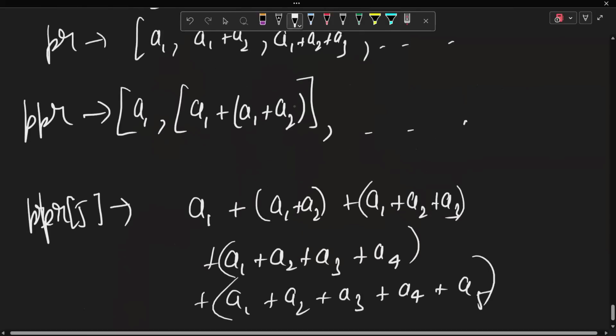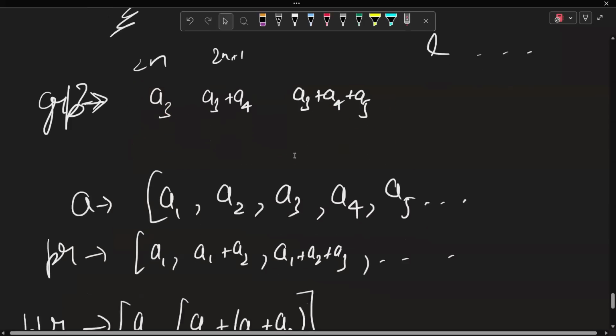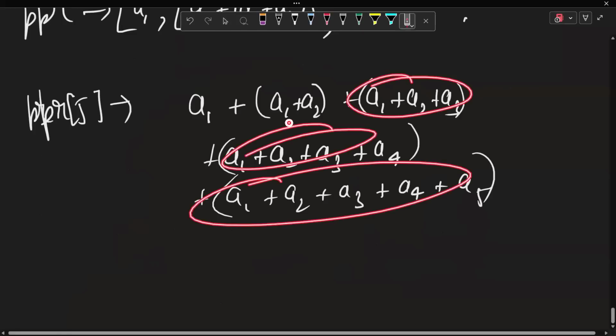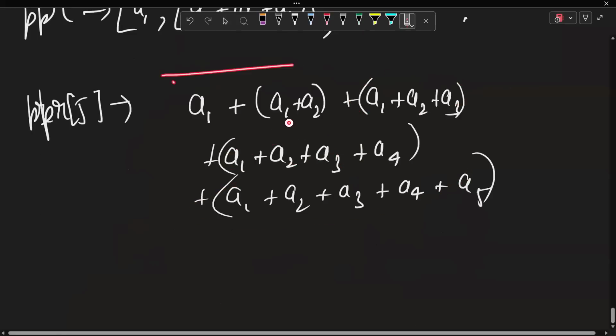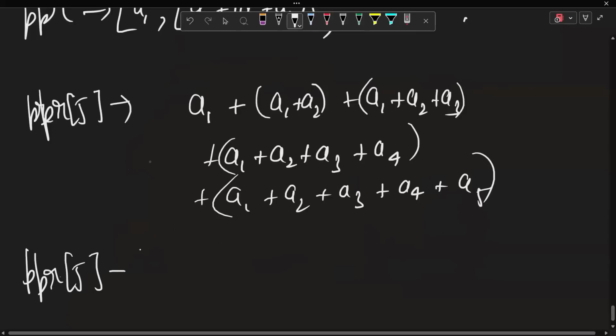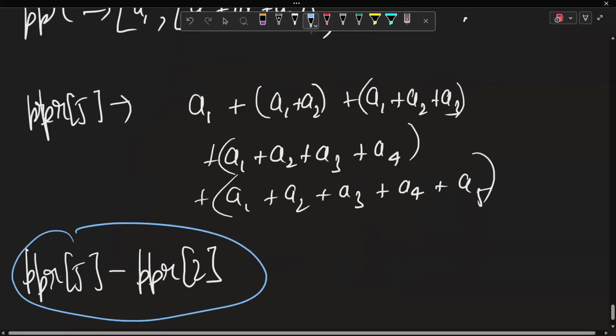And what I need to compute is the sum of sums from A3 till A5, so I take these three values. To remove the first two values, that is actually PPR2. So if I write PPR5 minus PPR2, this is going to give me this sum.